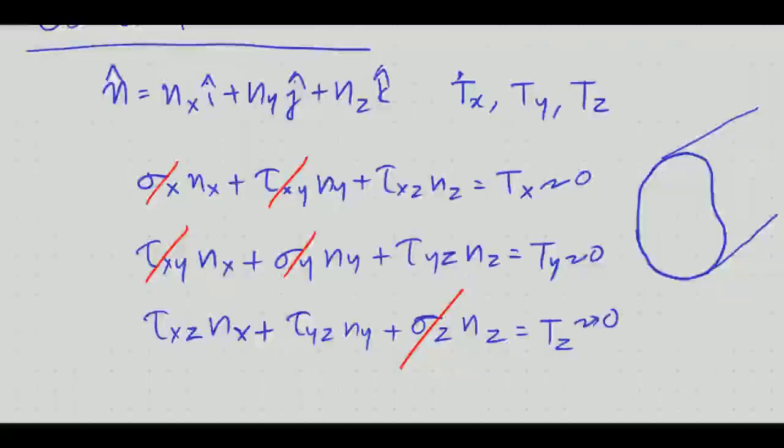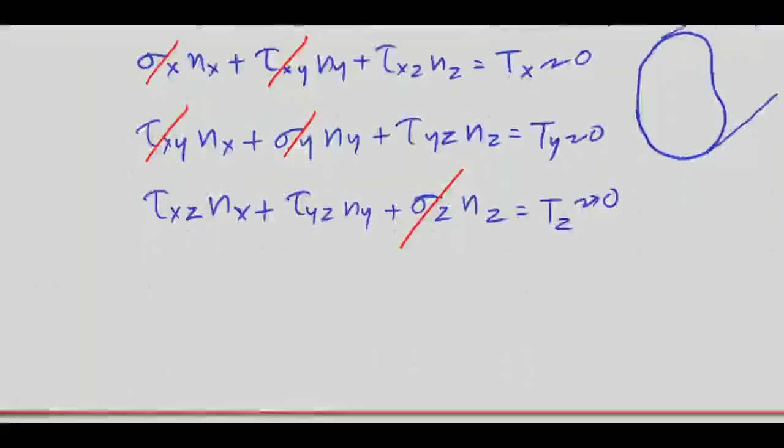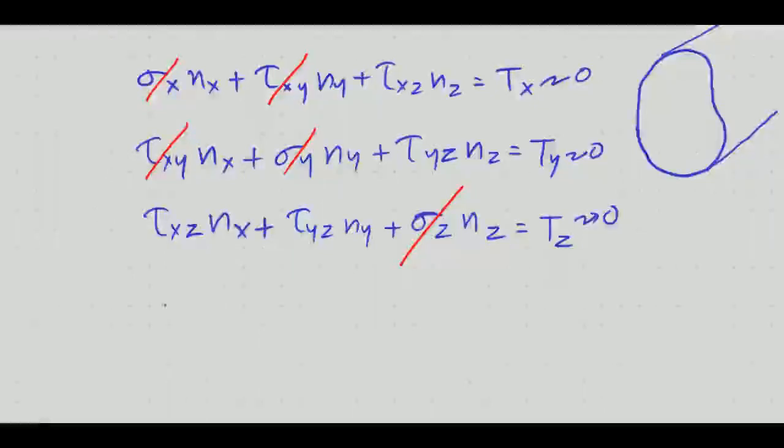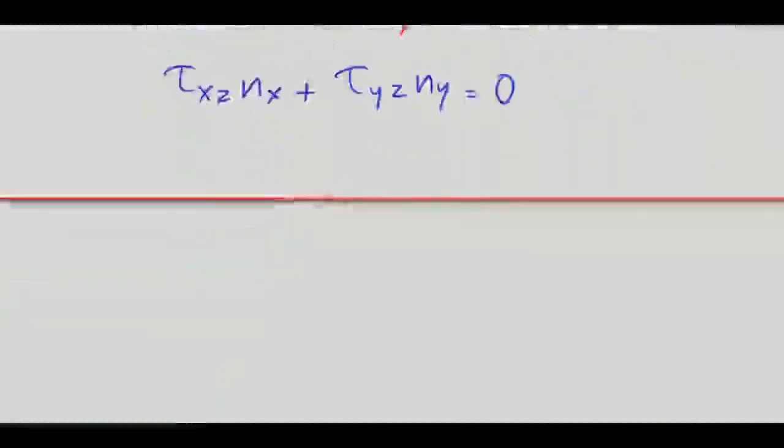So the only boundary condition we are going to look at is tau xz into nx plus tau yz into ny is equal to 0. This is the only boundary condition. Now we consider any cross section.